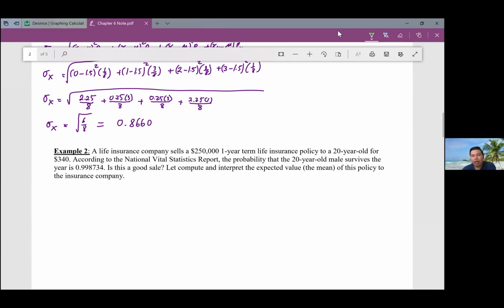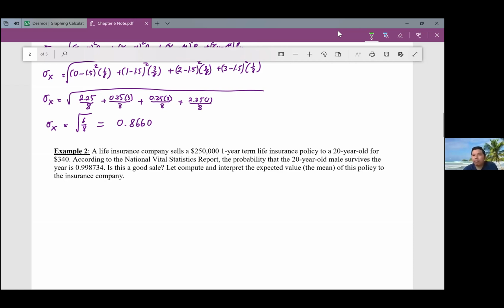According to the National Vital Statistics Report, the probability that a 20-year-old male survives the year is almost 100%, though not exactly: 0.9988734. Now, is this a good sell?